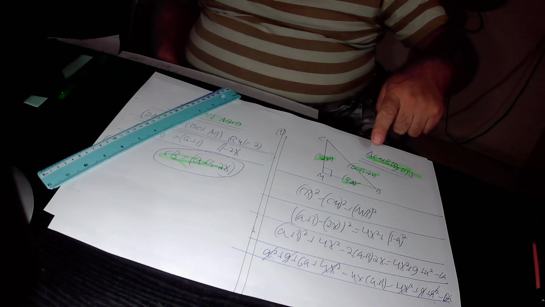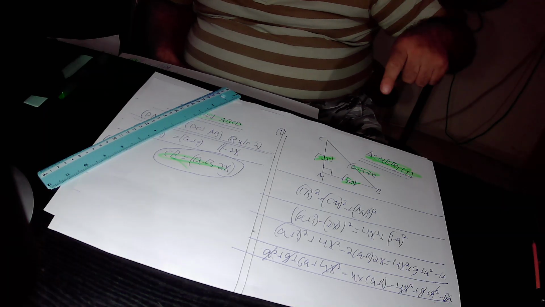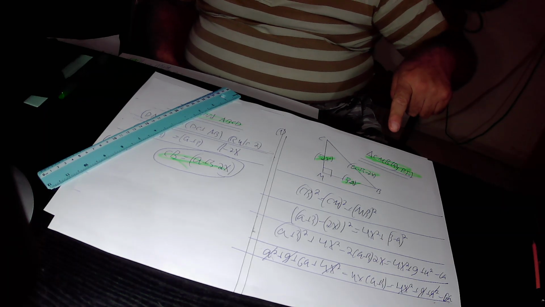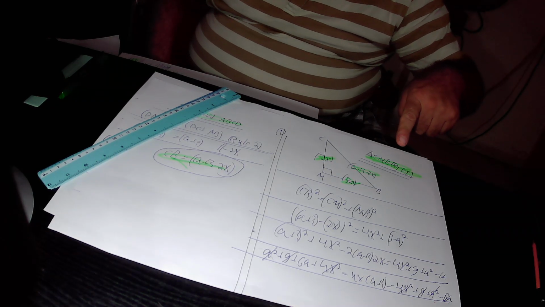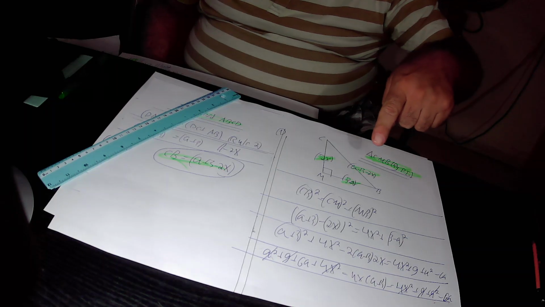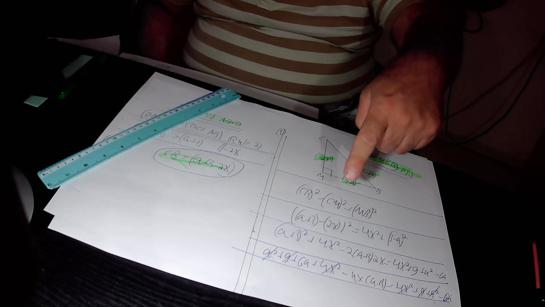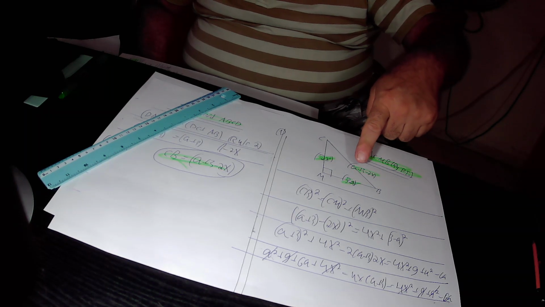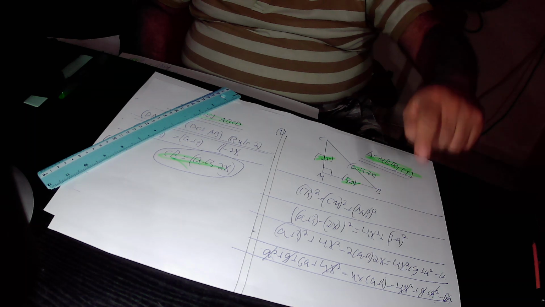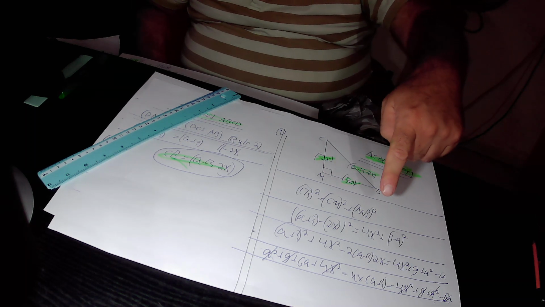CB is a plus 3 minus 2x, therefore CB squared is a plus 3 minus 2x all squared, and it equals CM squared plus MB squared. CM is 2x, therefore CM squared is 4x squared. MB is 3 minus a, therefore MB squared is 3 minus a squared. So in total we find that a plus 3 minus 2x squared equals 4x squared plus 3 minus a squared.